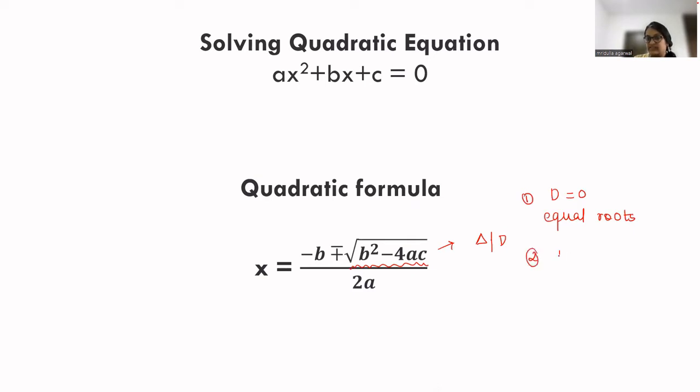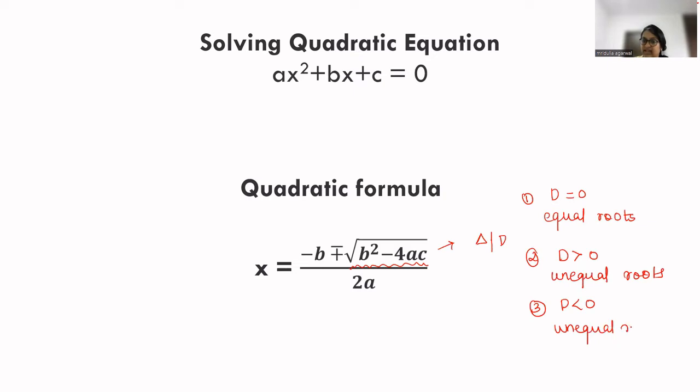Second condition, when D is greater than 0. Third condition, when D is less than 0. So when D is greater than 0, we have unequal roots. Similarly, when D is less than 0, we have unequal roots.